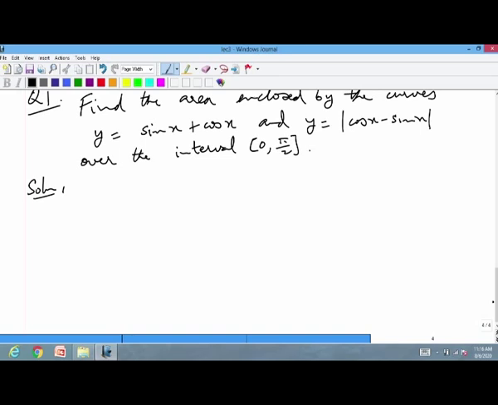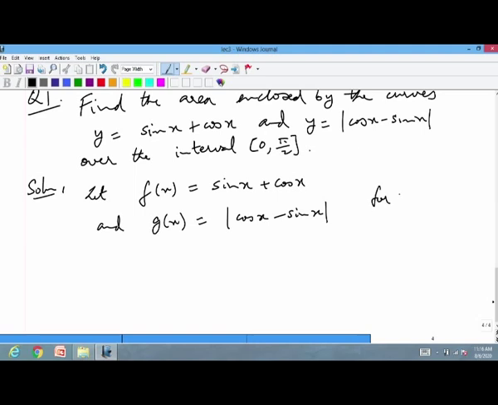So, let f x denote the first function sin x plus cos x and g x be mod cos x minus sin x for x belonging to 0 to pi by 2. In the interval 0 to pi by 2 both sin x and cos x are non negative.